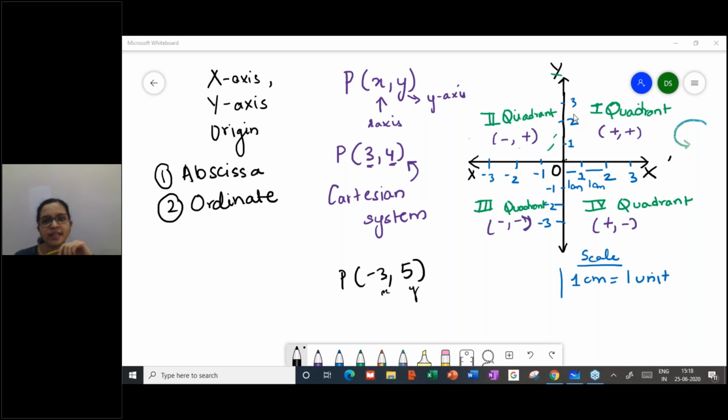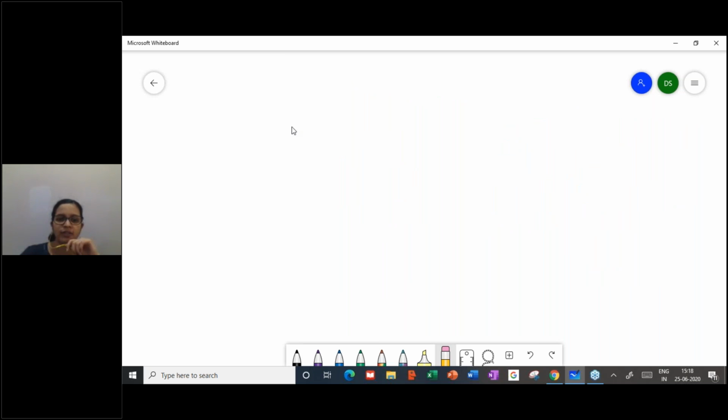I find this to be the simplest way to remember: if in doubt, just draw a rough xy plane somewhere in the corner of your book or paper and write this. Or if you can memorize these conventions, nothing like it. You can make a table, or there is already one in your chapter notes.